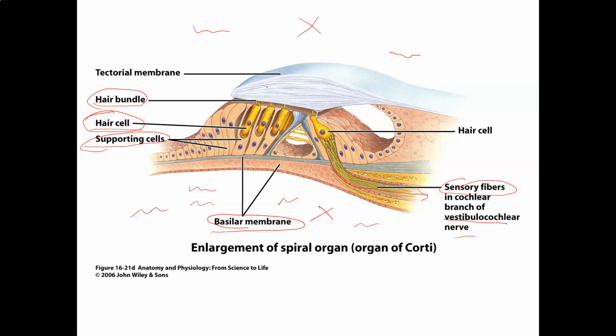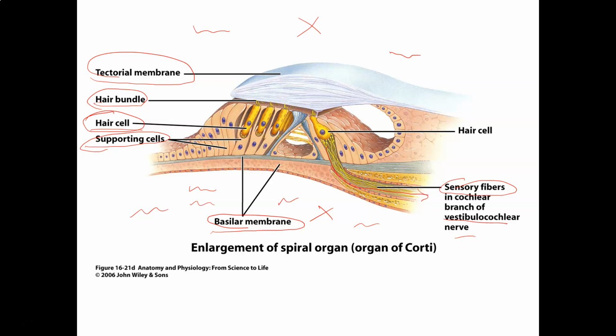And then hovering above the hairs of the hair cell is the tectorial membrane. It's kind of a flimsy little membrane that's hovering above. Okay, and so that's kind of the setup, and we can now talk about how these hair cells get stimulated.